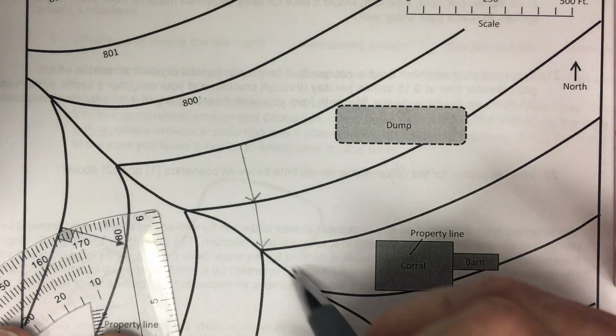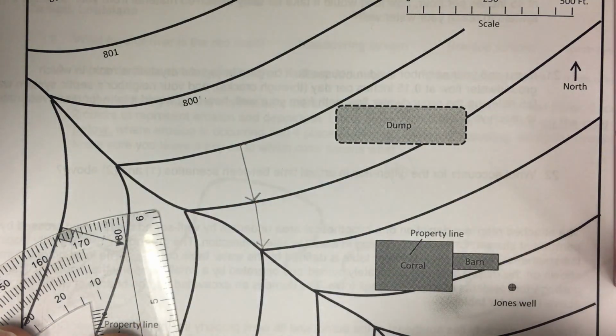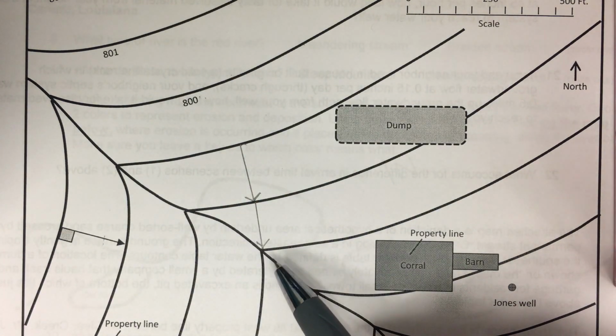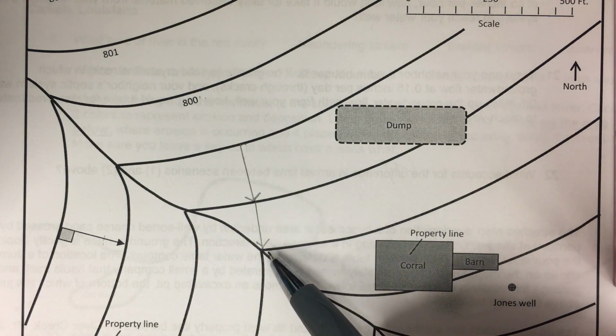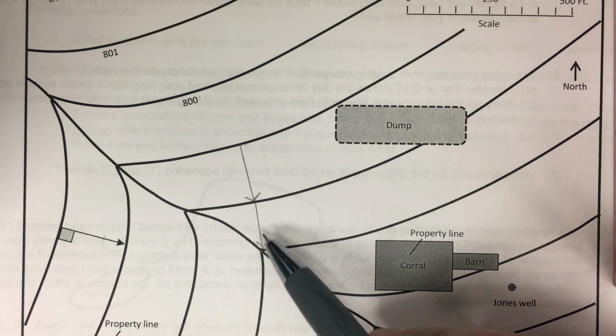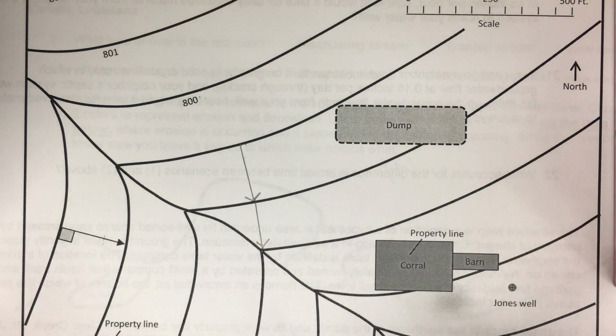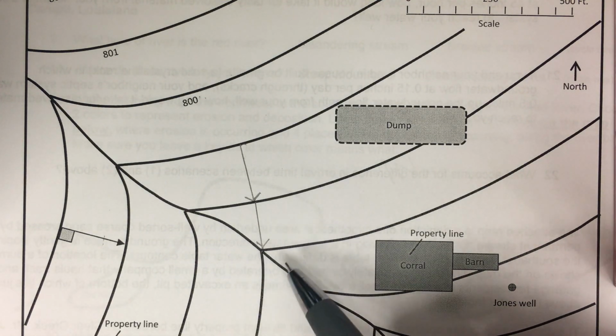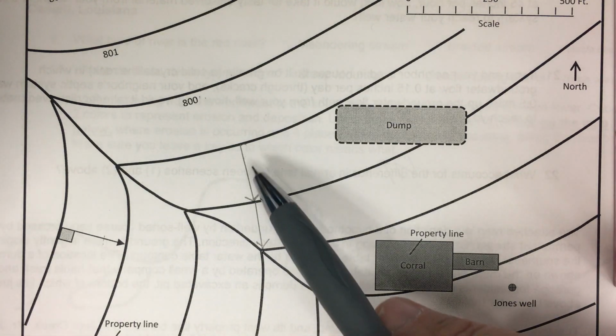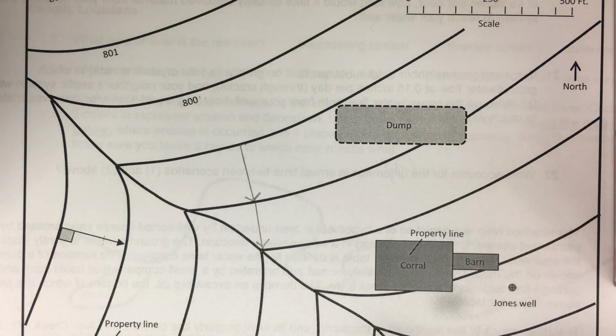Now this line in the middle is not a contour line, that's a river. Once the line hits the river, you don't draw anymore. The water flow is not going to go past the river and then over here. That's not how water flows. So it goes to the river, and then it'll either be captured by the river, or if it's a contaminant, it'll just go down the river.